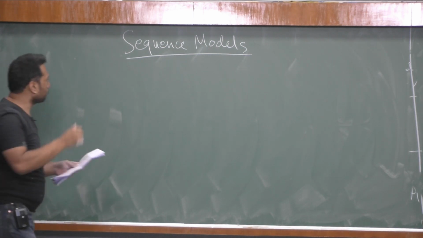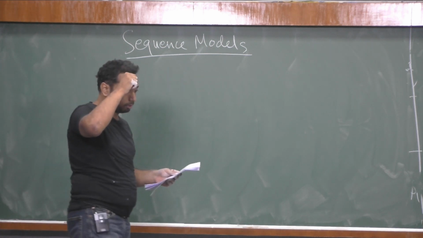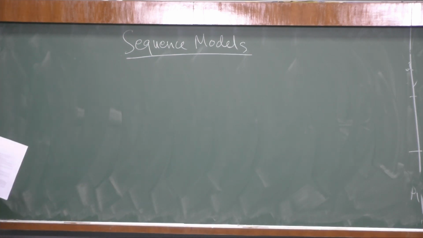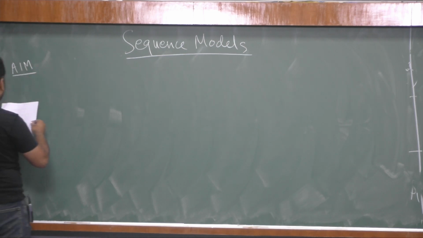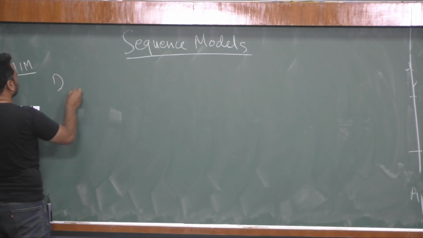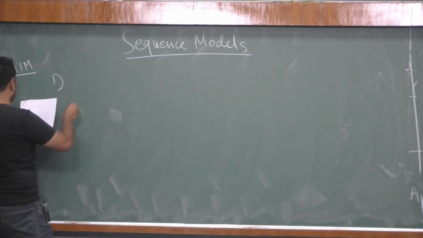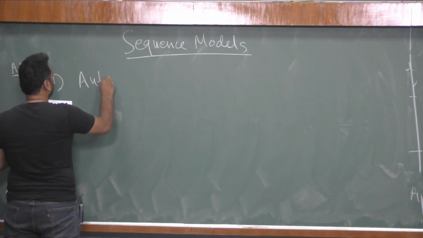In the sequence model framework, there are two broad categories that we will plan for. They are related also, but broadly we will get into 2 types. One of them is autoregressive.